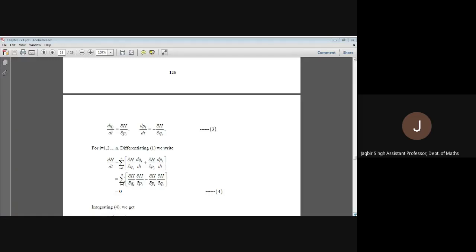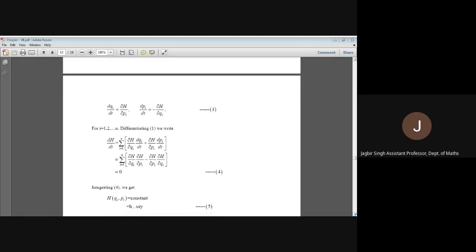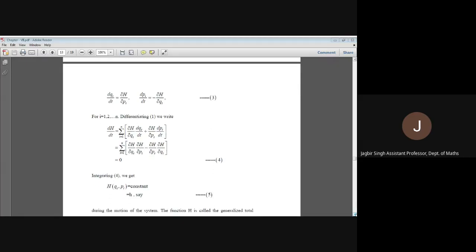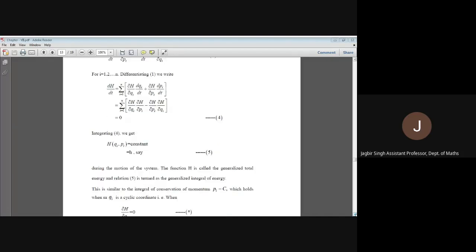Now replacing the values of dqi by dt and dpi by dt from equation number 3, we obtain the next line, and in the next line there are two terms which are negative of each other, so it will be 0. It means the derivative of h with respect to t is 0. So h is a constant function, and hence h(qi, pi) is a constant, say h.